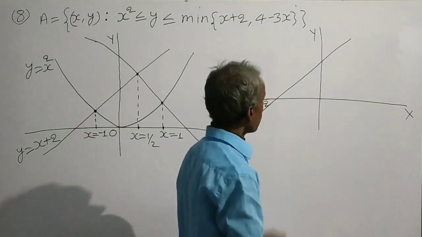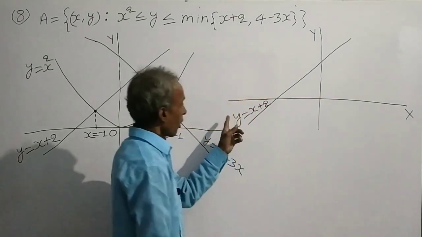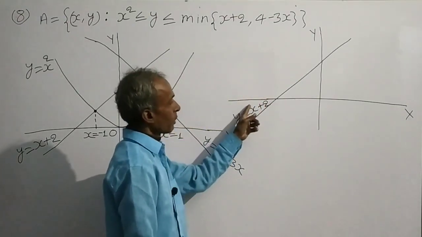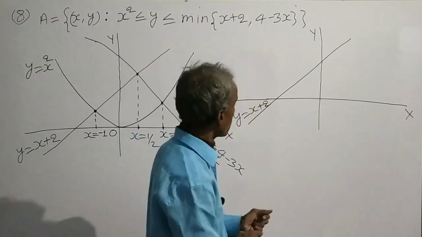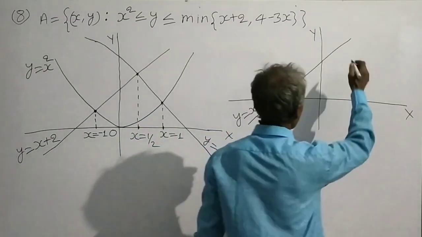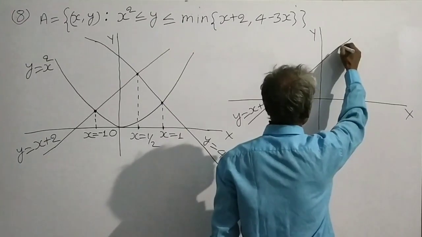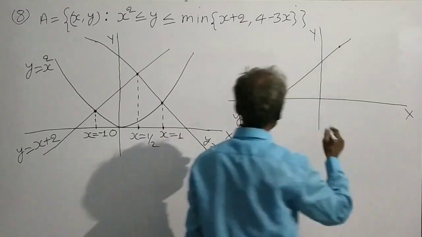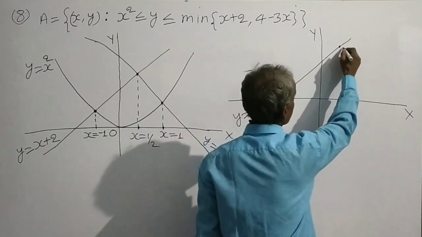We take any point on the line y is equal to x plus 2. Suppose we take this point whose x coordinate is 1.